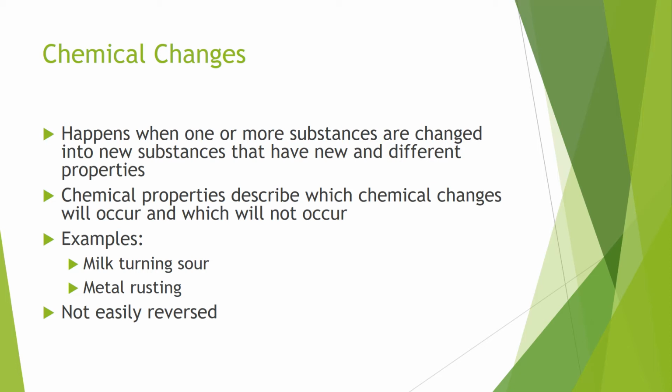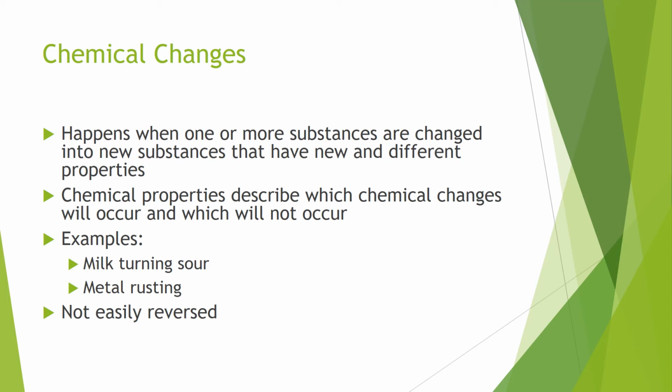It's not staying just iron. Anything from baking a cake to mixing baking soda and vinegar are all examples of chemical changes when you have them react together like that.